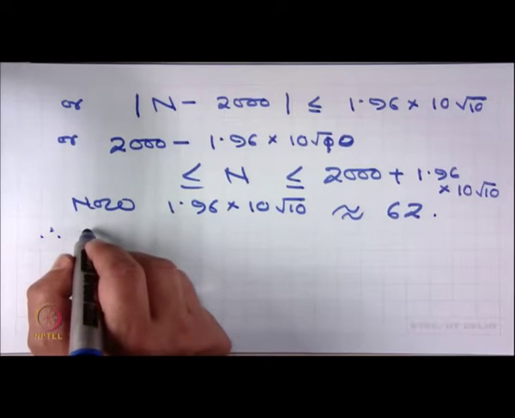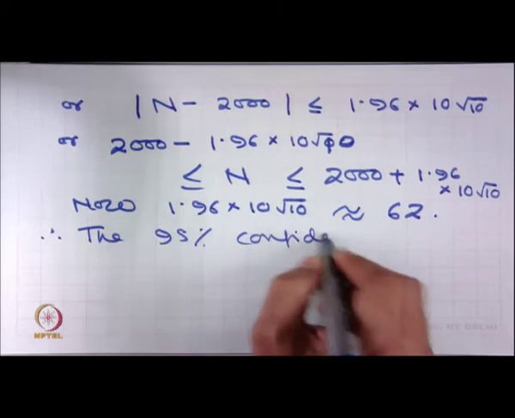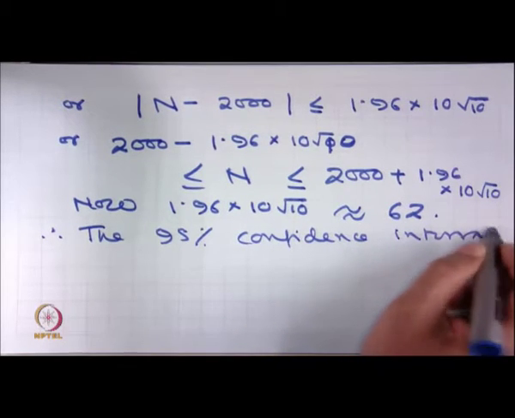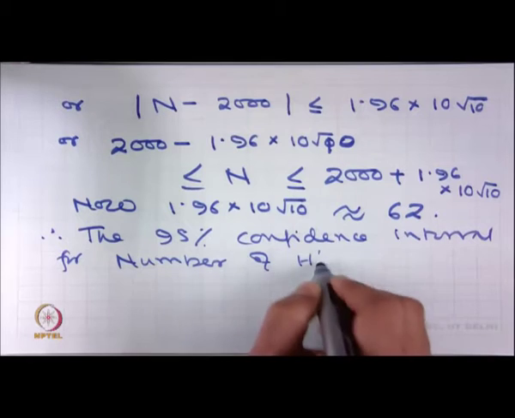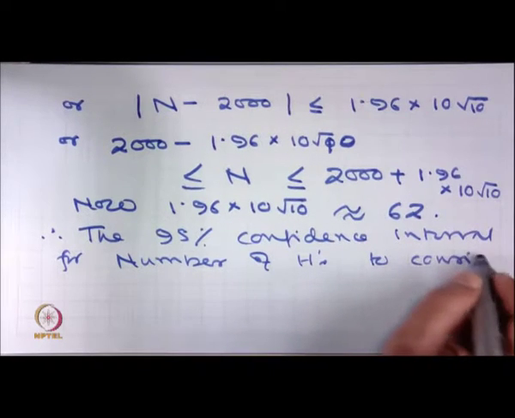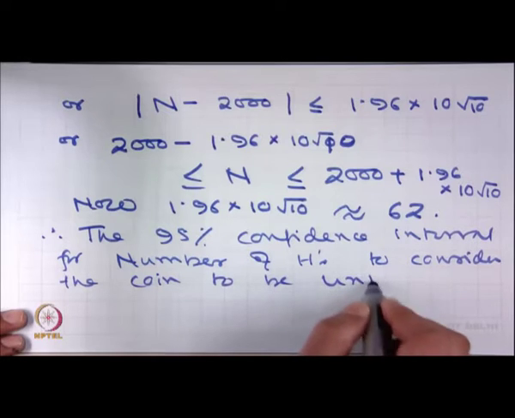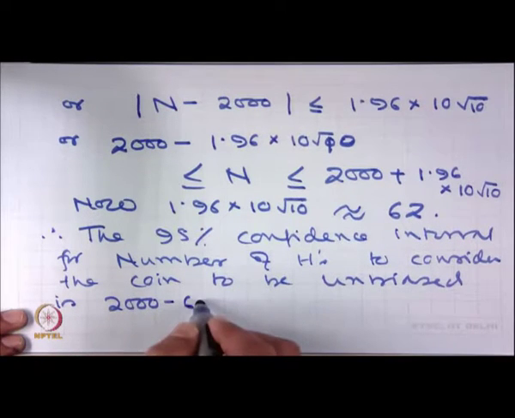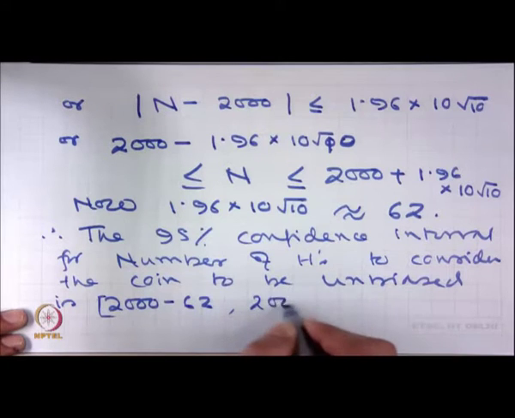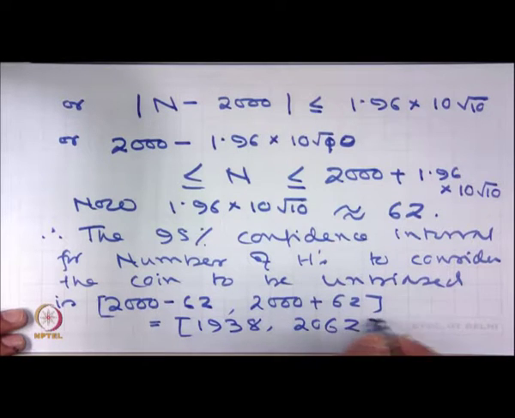Therefore, the 95% confidence interval for number of heads to consider the coin to be unbiased is 2000 minus 62 to 2000 plus 62, which is 1938 to 2062.